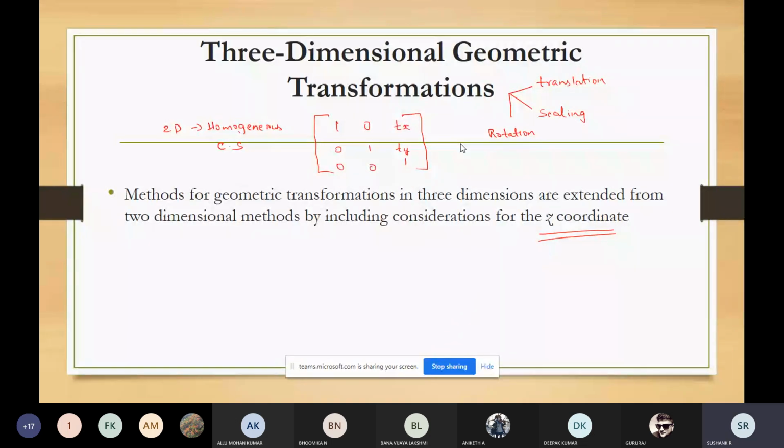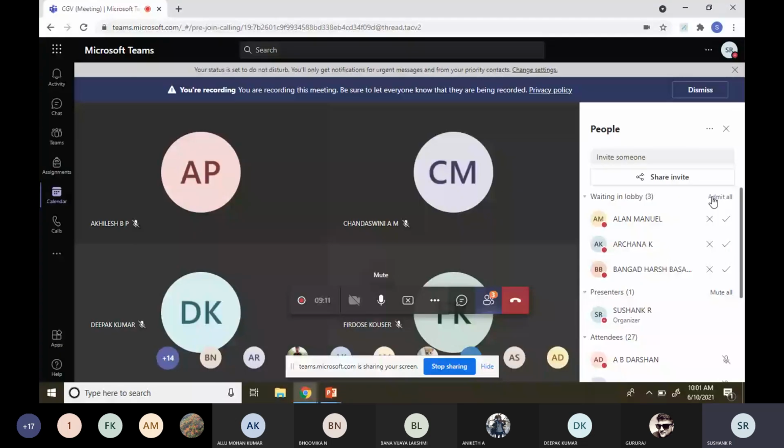Now when you're talking about 3D, you will be considering a 4 cross 4 identity matrix, with the last row corresponding to tx, ty, tz. The other values will remain 0. Like this, we are going to perform the transformations.